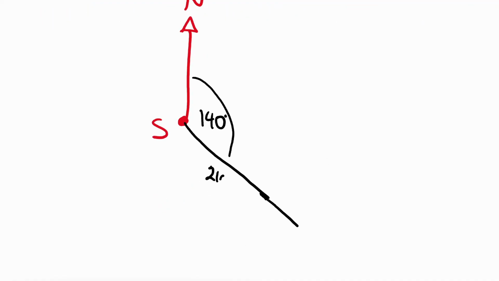And that was 210 kilometers. So I now know that the helicopter's at this point. Once it gets there, we know it travels east for 175 kilometers. So we're going to go this way for 175 kilometers, and we end up over here. All right, so let's label that E for end.